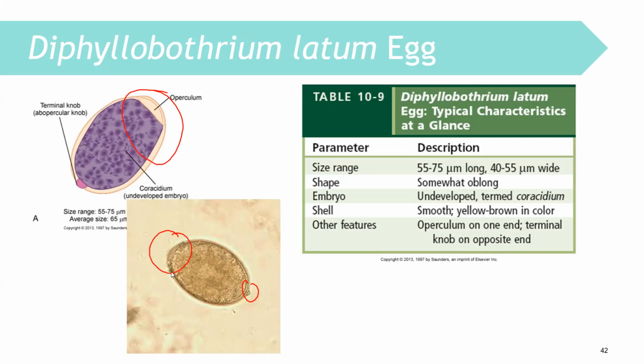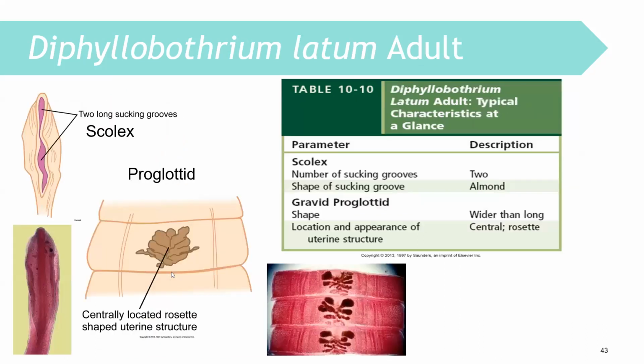As I said a while ago, Diphyllobothrium latum is an example of a pseudophyllidean, and as we all know, pseudophyllidean parasites have a spoon-like head with slit-like grooves, with two suckers. This is your Diphyllobothrium latum scolex.